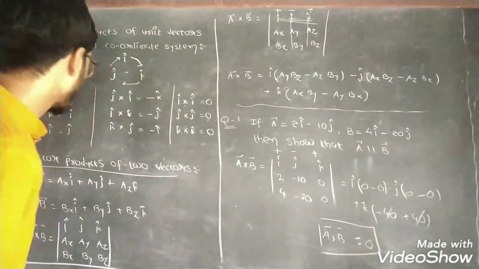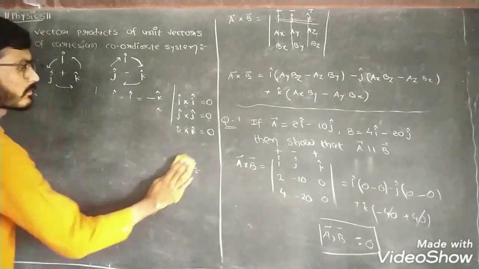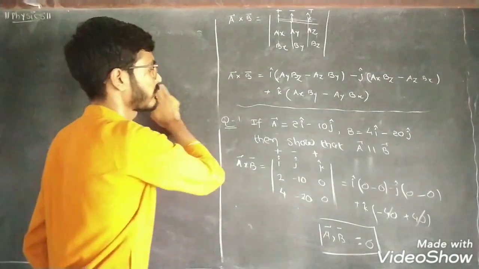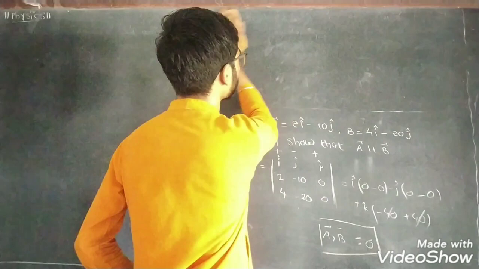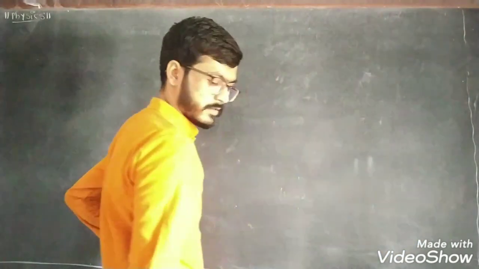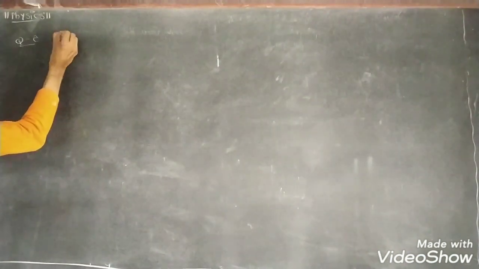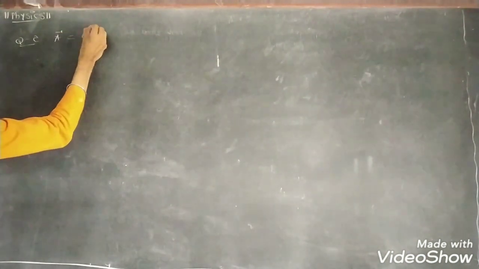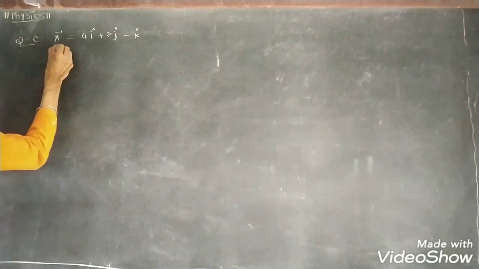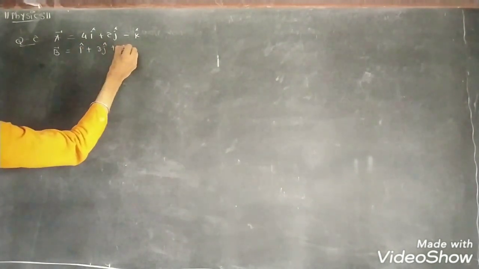Now the second question is: the value of vector A is 4i plus 2j minus k, and the value of vector B is i plus 3j plus 4k.